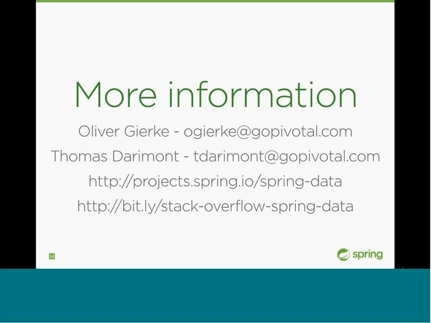I see. So that's a tricky one. I'd argue that you can just enable repositories on two different configuration classes, or use the XML element twice, and then point the XML element or the annotation to the other entity manager factory, right?